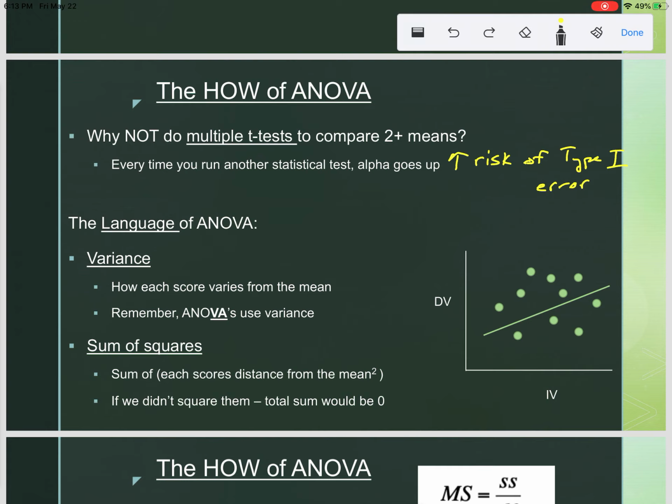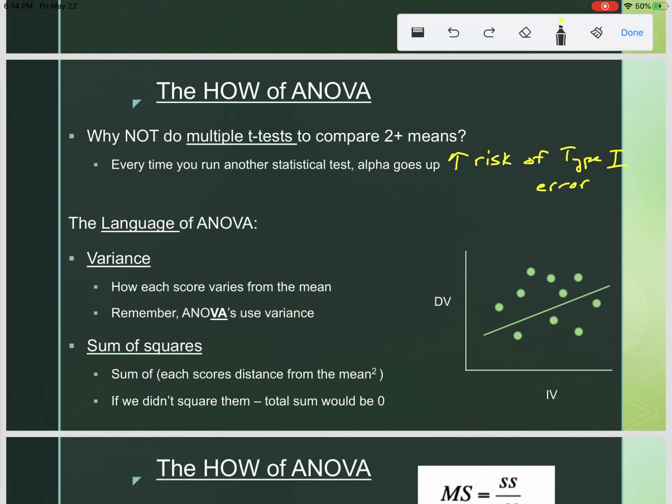And when we run more and more and more tests, the alpha level goes up and we increase our risk, which lowers our accuracy. So the general rule is when you can, you want to run as minimal an amount of statistical tests as possible. So that's why we prefer to do ANOVAs when we have 3 or more means.